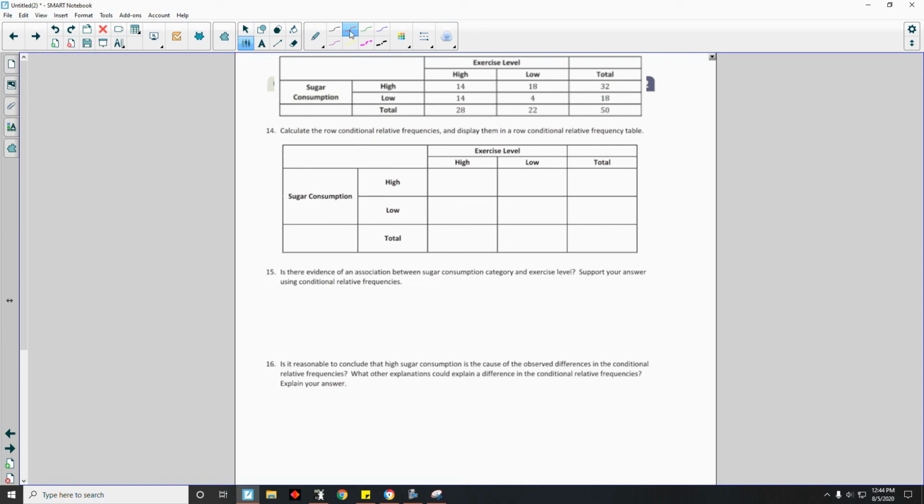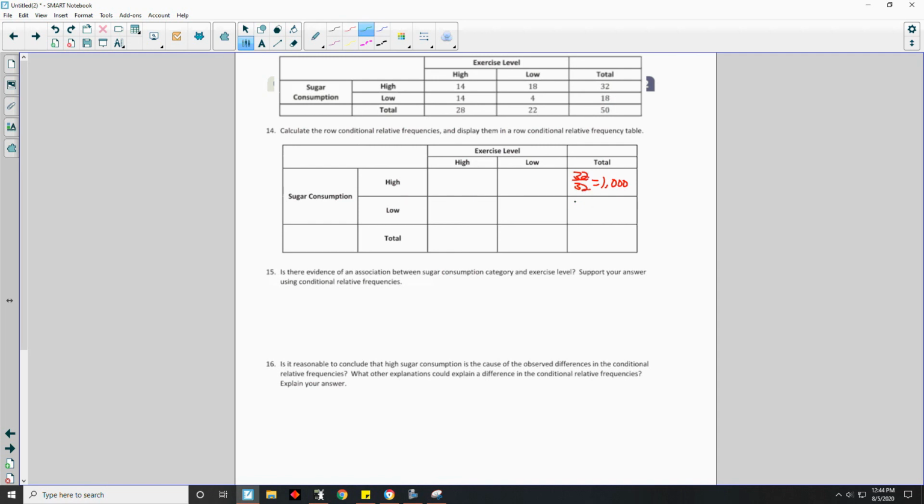What we're going to do now is compare the values with the totals. So let's start over at the right, the easiest. There's 32 out of 32, which equals 1.000. And that'd go for this one as well.